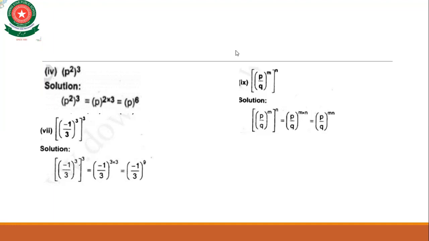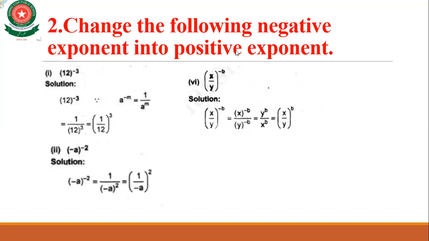Now come to question number 2, which is change the following negative exponent into positive exponent. So here, in this question, we will apply the second rule, which is a power minus m is equal to 1 over a power m.